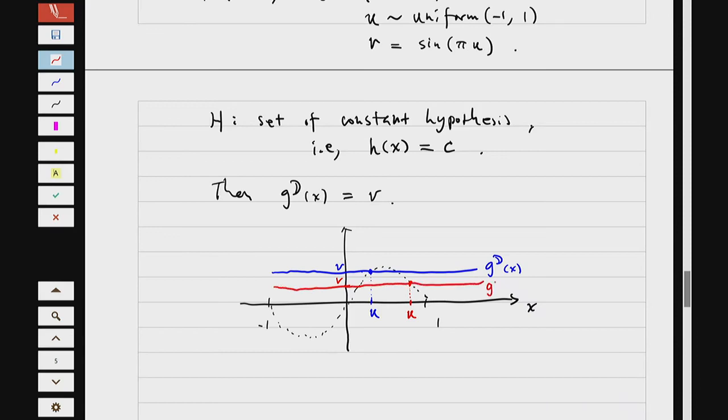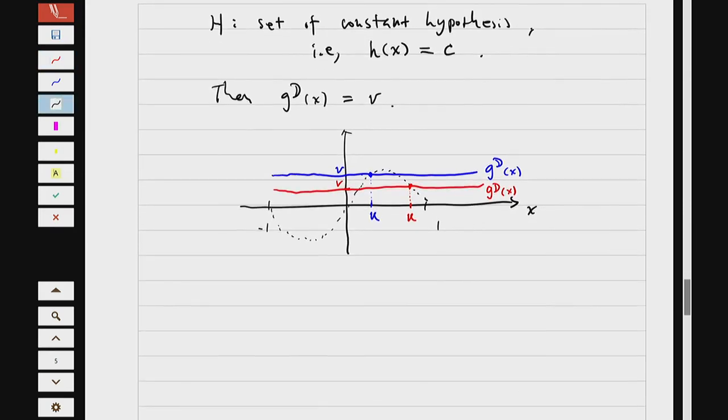So this will be your g_D of x. So I just wanted to illustrate that whatever final hypothesis you get depends on the training data set you have. Whether it's the blue one or the red one, right? Okay? So therefore it's a random thing. It's random depending on the training set that you get.